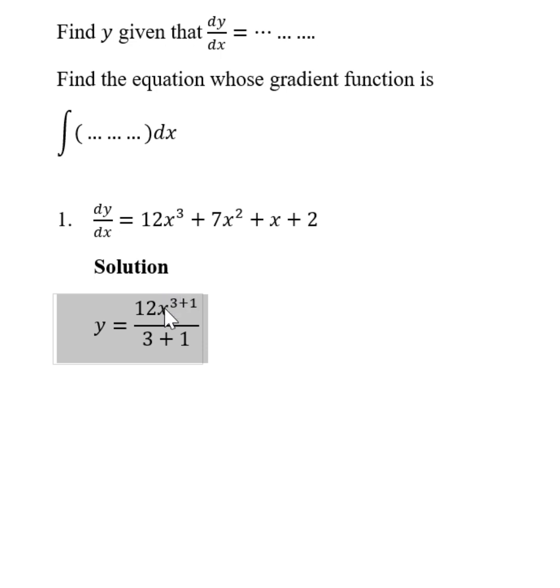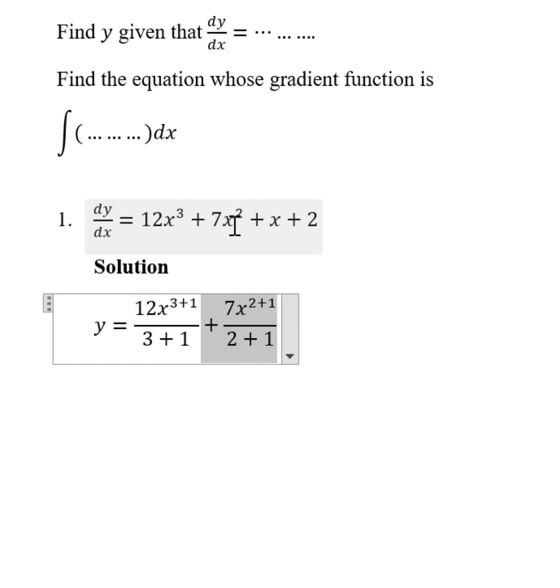And that new power is the one you divide by the term. Then plus 7x raised to power 2 plus 1 divided by 2 plus 1, that's the new power. Then plus x, this x is like it's raised to power 1. So you add 1 to that power 1 and then divide by the new power, which is 1 plus 1.